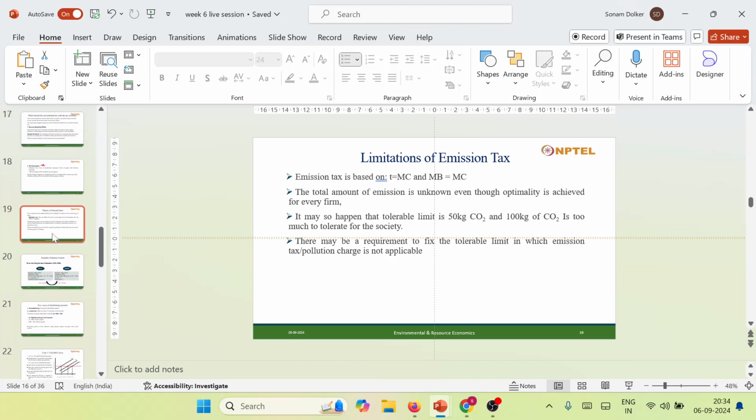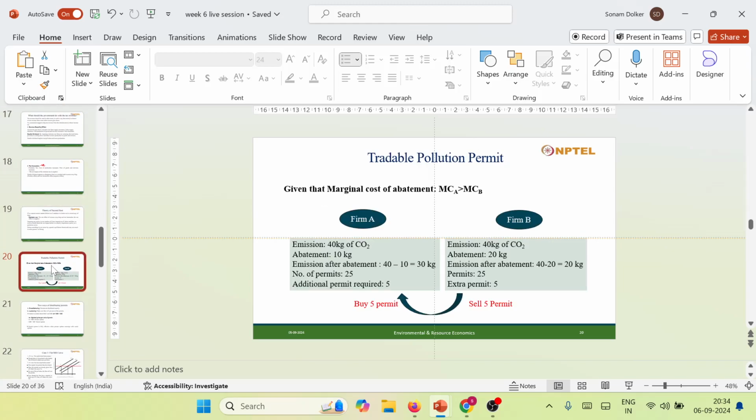So we have said that let's say we have a certain fixed amount of emission, then the emission taxation system is inefficient. Then in the tradable pollution permit system, the regulator gives permits to each of the firms, and the abatement is done based on the marginal abatement cost curve.